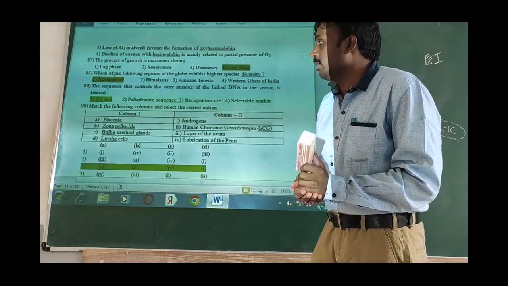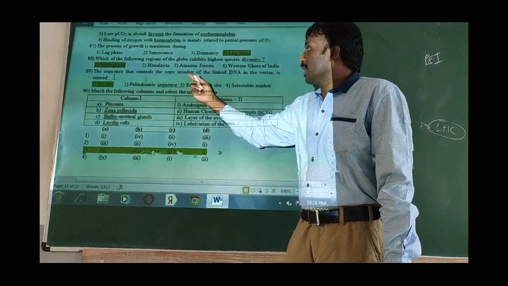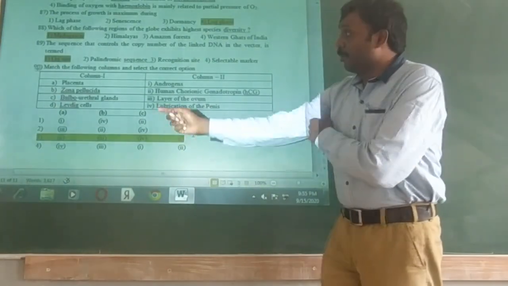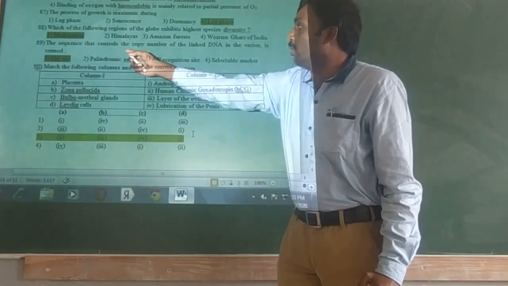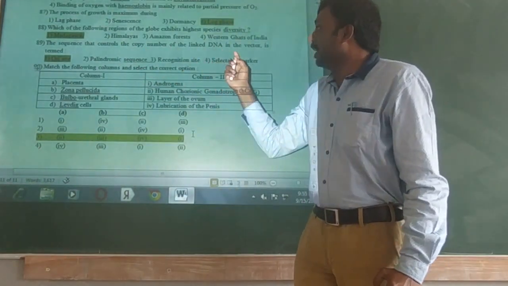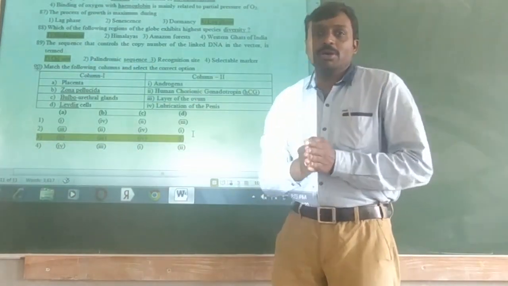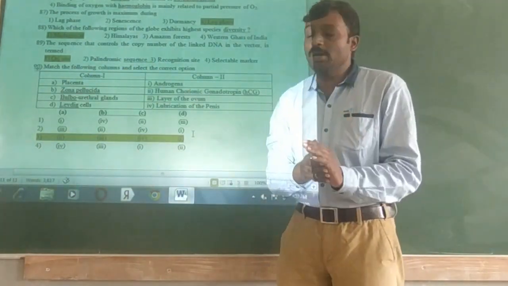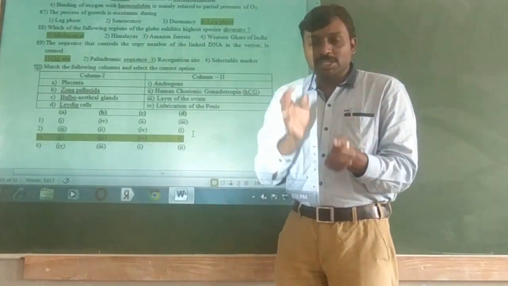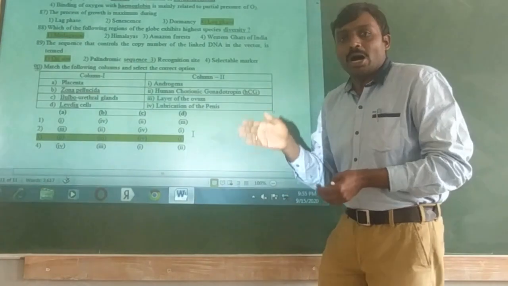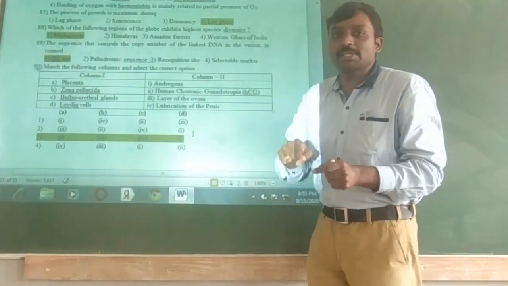Then moving to the next one, the 89th question, again from biotechnology. The sequence that controls the copy number of the linked DNA in the vector is termed. This question is again from our biotechnology chapter and the second year syllabus. Here we are talking about the vector which carries the foreign DNA or alien DNA, and inside the vector there will be a specific site.